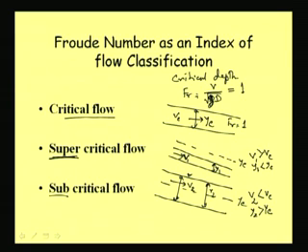That is why you may confuse that when Y1 is less than Yc, then it is sub, but it is not. Basically, the prefixes are coming because of this velocity concept. So, that way we again classify the flow as critical flow, supercritical flow and subcritical flow.